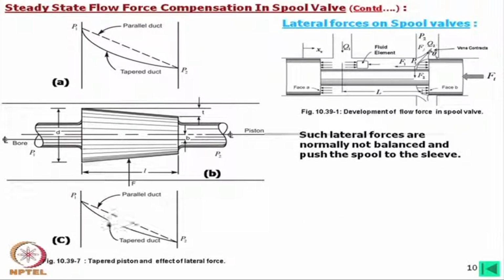On the other side, it is also some parabolic shape, but we can see that there is a difference. The difference is due to the opening area. This means that there will definitely be a lateral force in these directions. But if it is perfectly parallel, due to this flow there will be no lateral force.